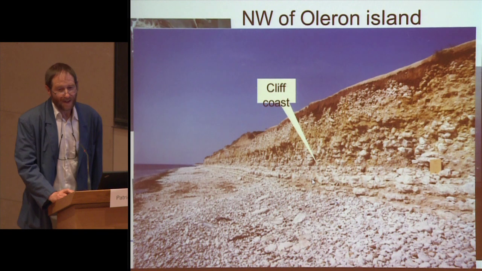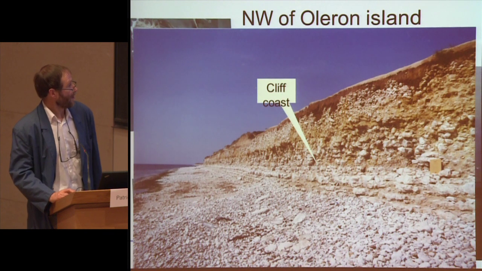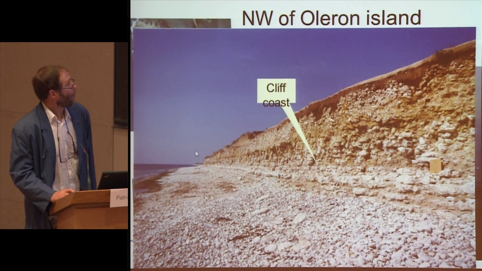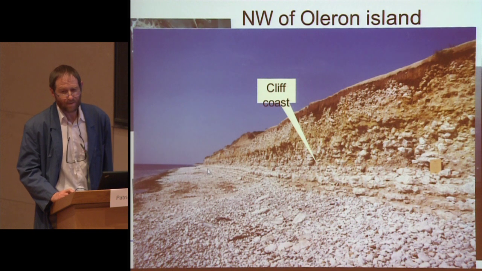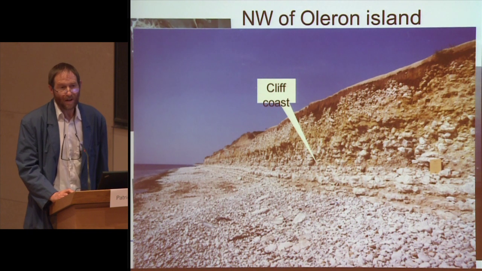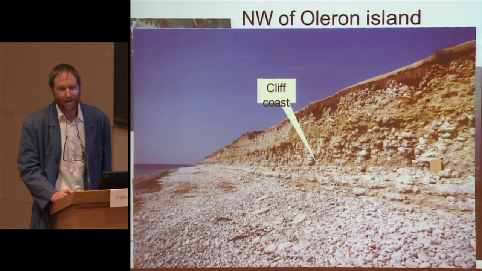The cliff consists of limestones and marl, and you can see pebbles generated by erosion and some sand patches. The origin of these sand patches is unknown.